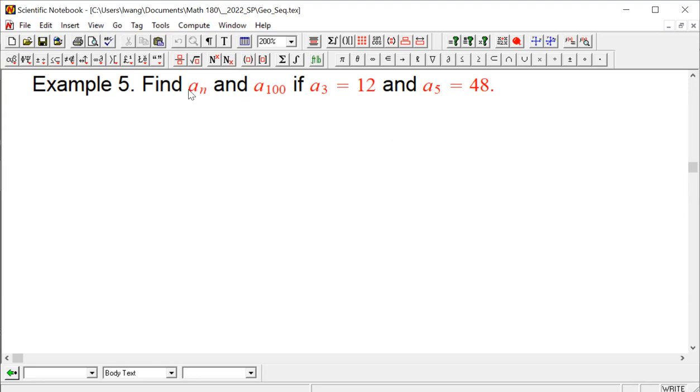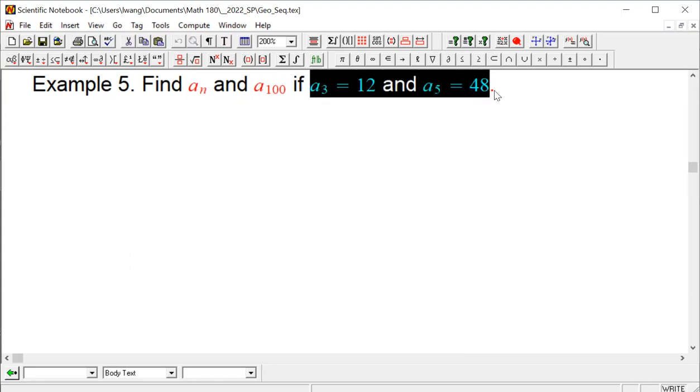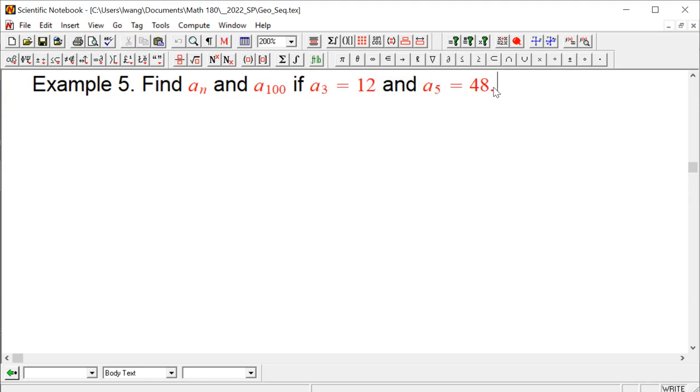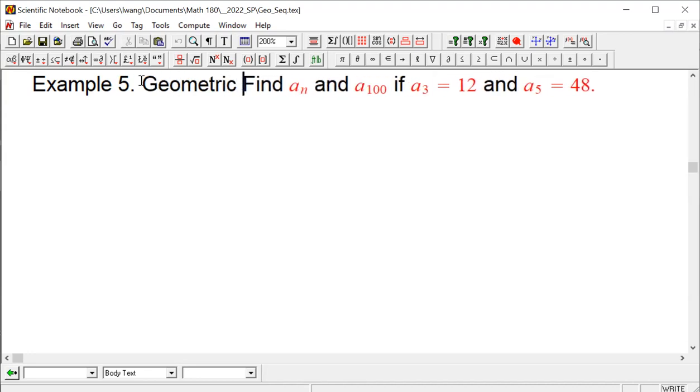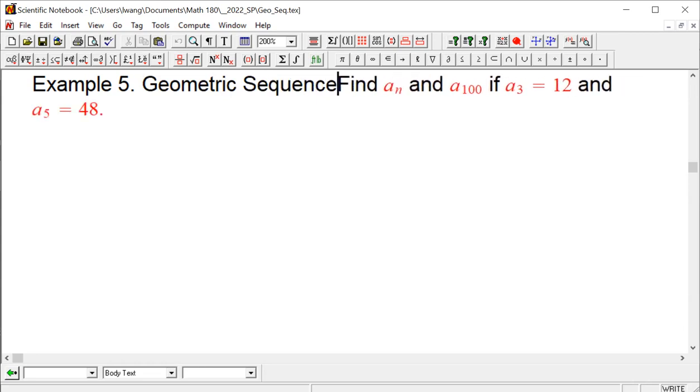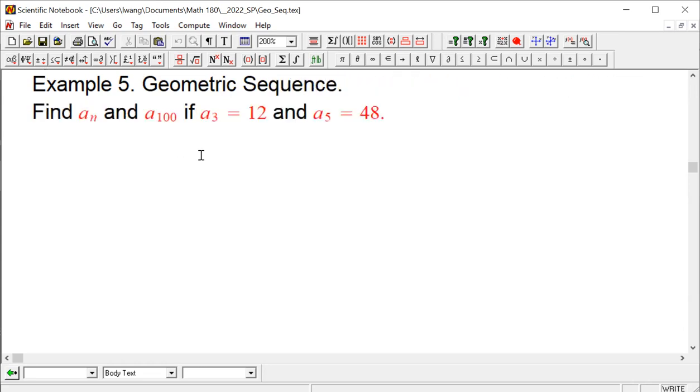All right, so we need to find the general term, and then we need to find the 100th term. We have information about the third term and the fifth term, so we need to find the first term and the common ratio. And of course, we know this is a geometric sequence.